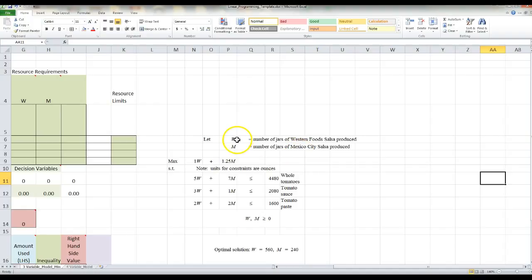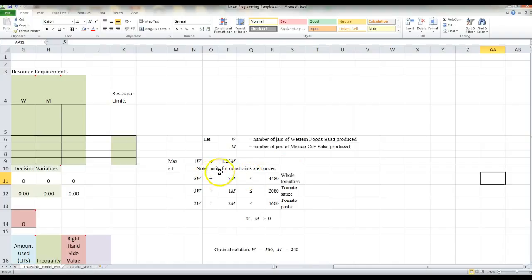And we're going to let W be the number of jars of Western Food Salsa and M the number of jars of Mexico City Salsa. And we're also told in the problem that we can make $1 of profit for every jar of Western Food Salsa that we produce, and we make $1.25 for every jar of Mexico City Salsa. And of course the assumption is we can sell all the jars that we produce.